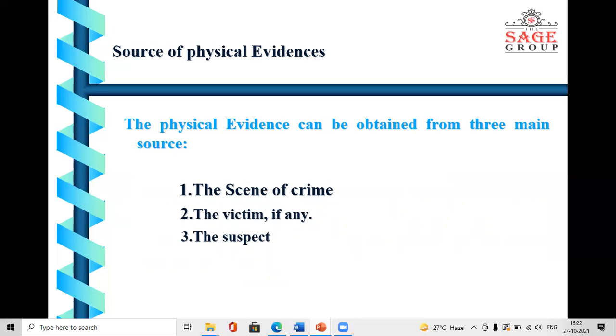So I'll explain the scene of crime. Scene of crime is the place where the crime is committed. Second, we are going to talk about the victim. Victim means the person, it can be a person, it can be an animal. Like in case of hunting, a tiger is a victim. Like in case of murder of a particular person, that person is a victim.